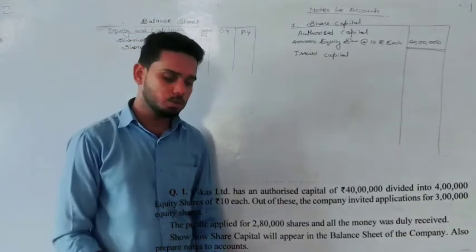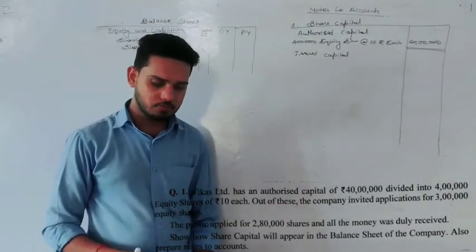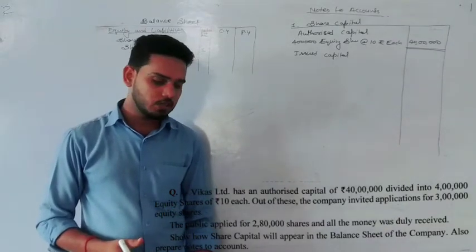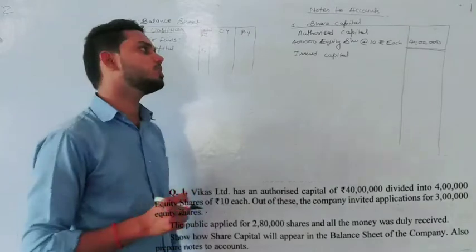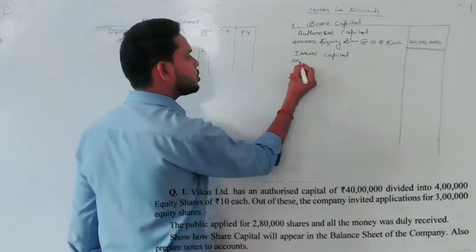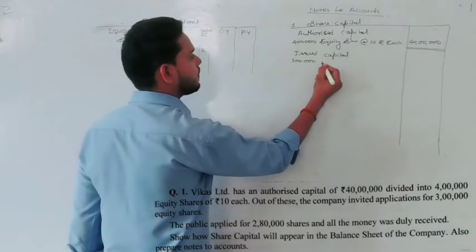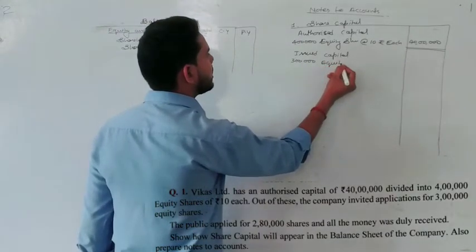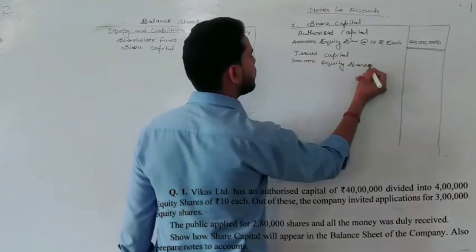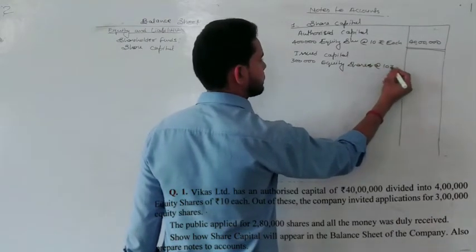So let's see our question. It is given here that out of these, the company invited applications for 3 lakh equity shares. So from these 4 lakh shares, the company wants to issue 3 lakh shares. So what will we write? 3 lakh equity shares at the rate of 10 rupees each.